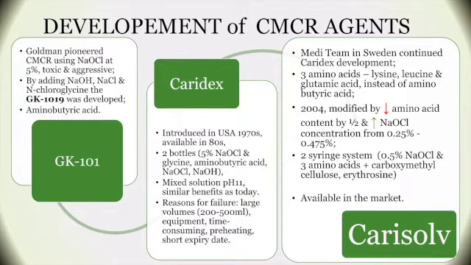The next invention was Caridex, and this was introduced in the US during the 1970s. On the market it became available during the 1980s. This system was supplied in 2 separate bottles, and these solutions had to be mixed together promptly so that the working reagent reaches pH 11. This altogether was stable only for 1 hour, so it had to be used within 1 hour.